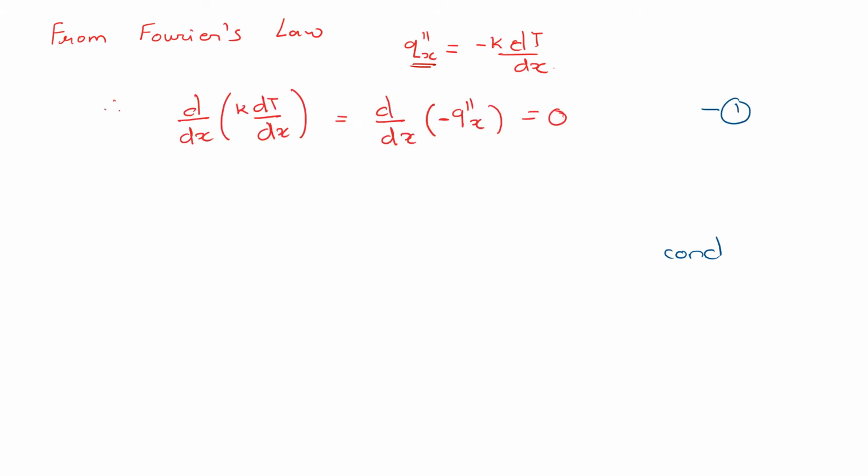So if we replace the k dT by dx term by our q double prime x term, what we'll get is that the derivative of heat flux in x direction with respect to x is 0. What that means is that there is no change in heat flux in the x direction. So the heat flux is constant in the direction of heat transfer.